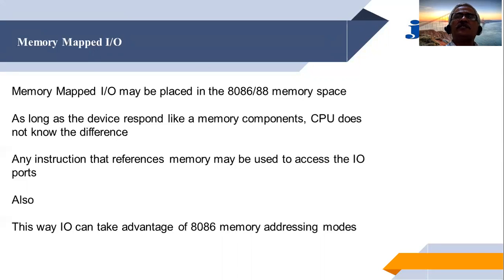And the major advantage is that as long as the device responds like a memory component, the CPU doesn't know whether it is accessing the memory or the IO space, unless you have separate instructions like in and out, wherein a separate reference is made. So in this case, the same move instructions can be used for transferring the data.